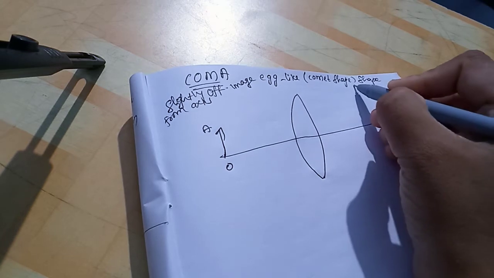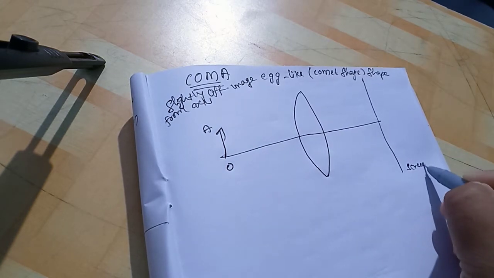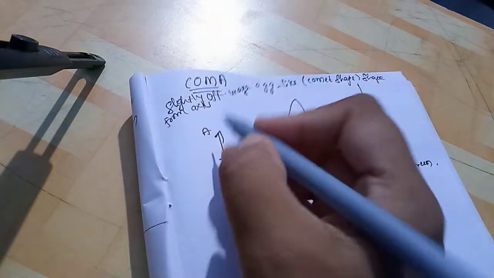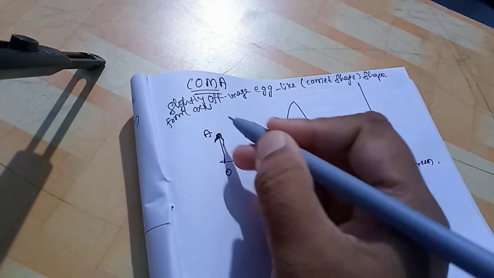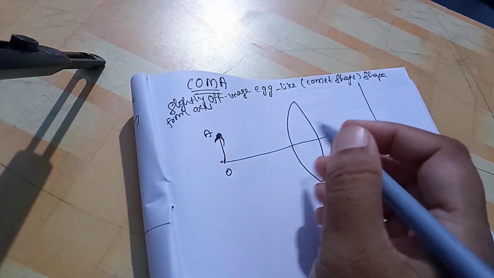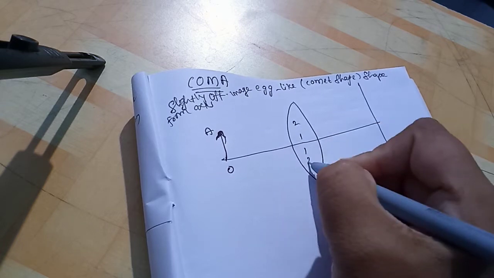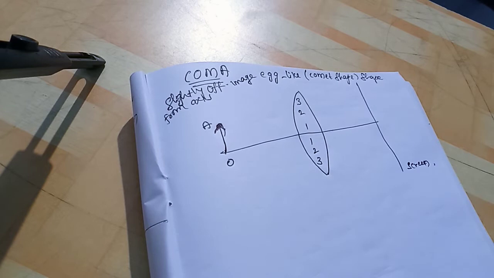Now, let this be the screen. Let us consider the object A slightly off the axis. Let us divide the lens into different zones 1, 1, 2, 2, 3, 3 in such a way.